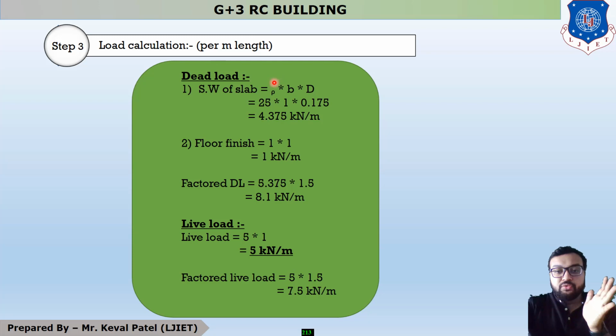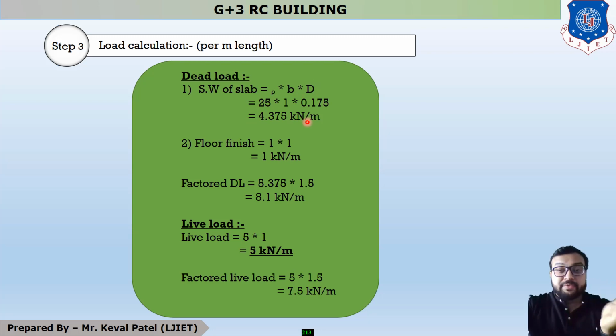So our rho is 25, B is equal to 1, and D means thickness of slab, which is 0.175. So 25 into 1 into 0.175, after putting all these values, we get the self weight of slab as 4.375 kilonewton per meter.